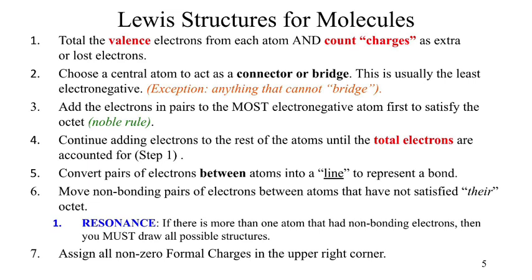Oxygen, according to our trend, is very electronegative. We would expect it to be on the outside. And in the vast majority of scenarios, it is. There are some scenarios where it doesn't. That's dealing with our exceptions. Okay? The center atom must be able to bridge. Okay?